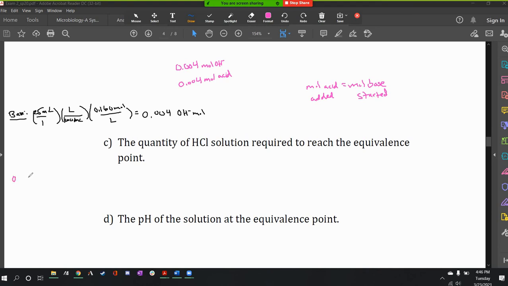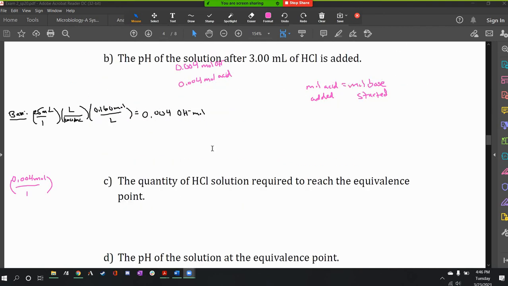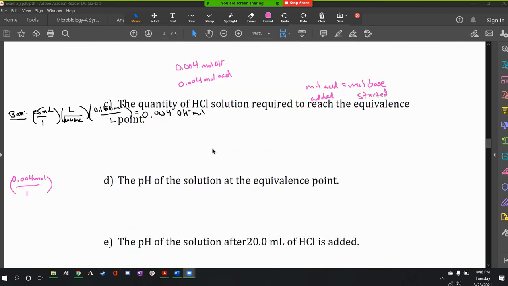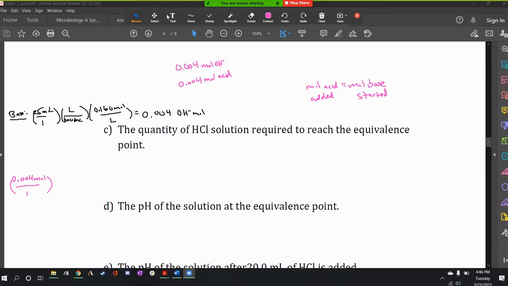So we take 0.004 moles over 1. The concentration of the acid we're using was 0.250 moles per liter. And this will tell us how many liters of this specific HCl solution we need to add to reach the equivalence point.